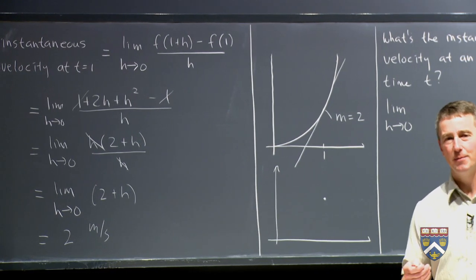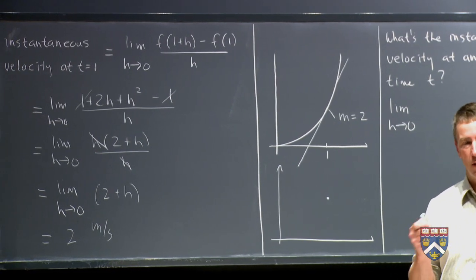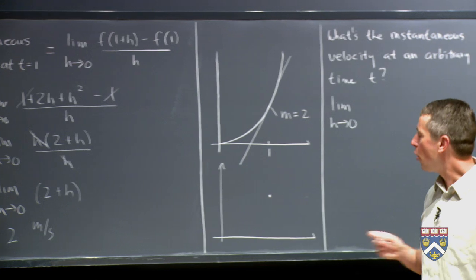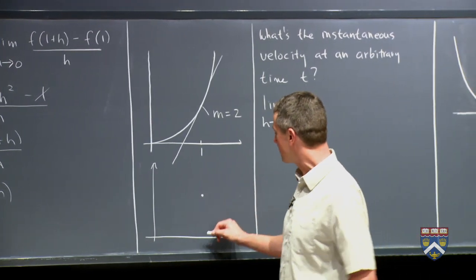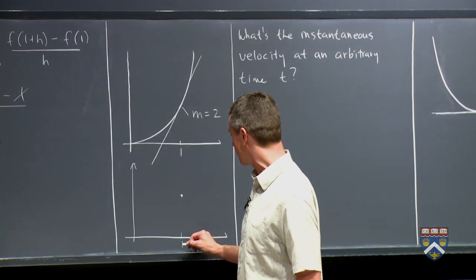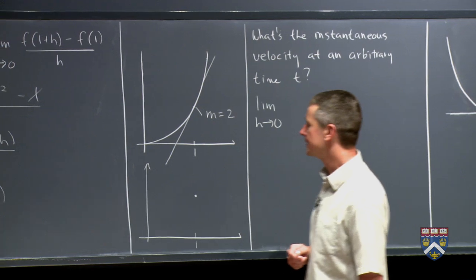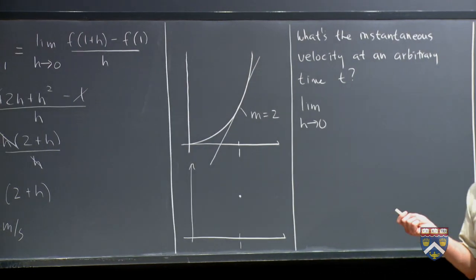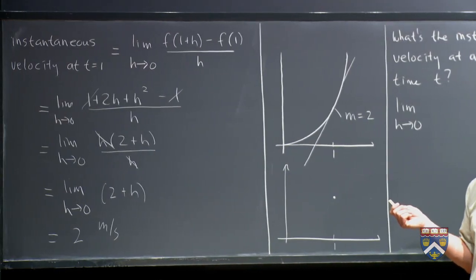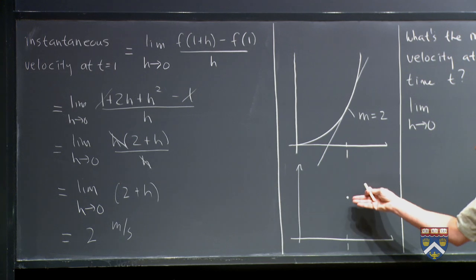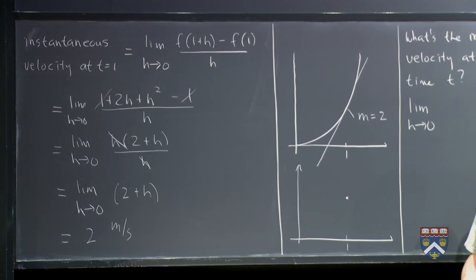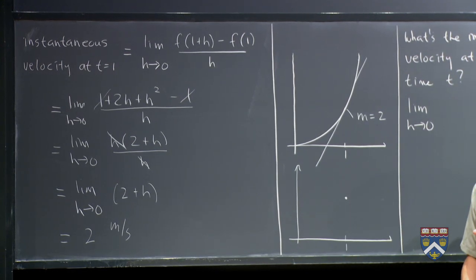So did we really compute the velocity just using one point? If all you had was a snapshot of the bird, and you saw that this is where the bird was at time 1, would that be enough to know that the velocity of the bird was 2 meters per second? No. In fact, from this picture, you wouldn't know if the bird was going up, going down, just hovering constantly.